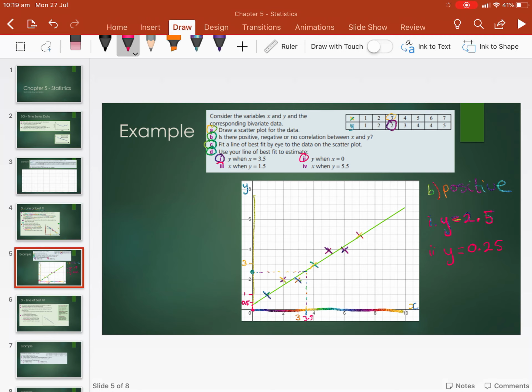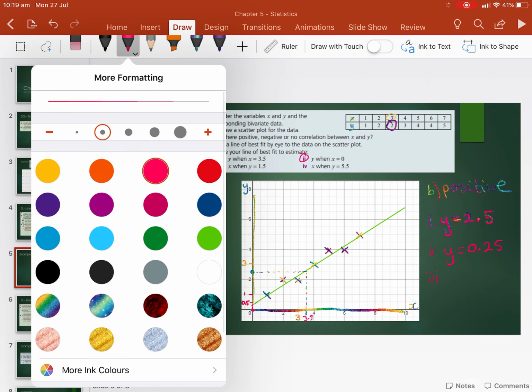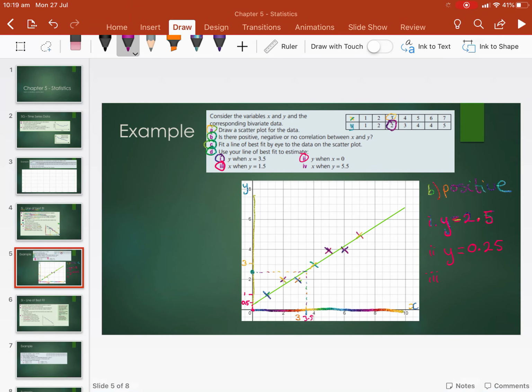Okay, a couple more. What is x when y equals 1.5? Let's use a different colour for these ones, purple. So when y equals 1.5, 1.5 is here. We're going to go over to my line of best fit and stop there, and go down. So what is x?